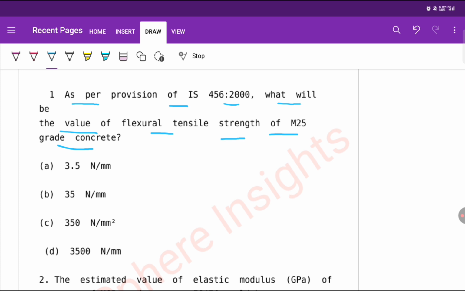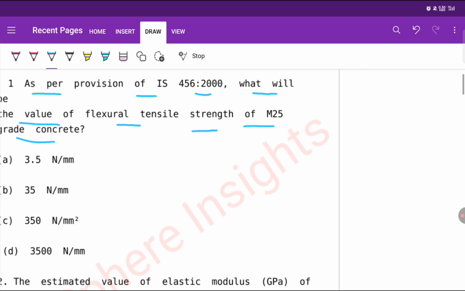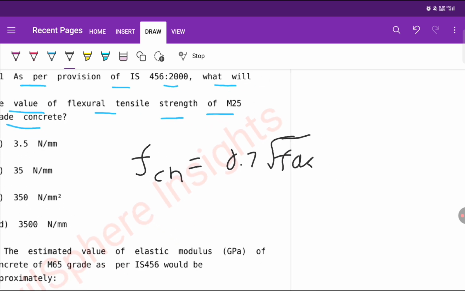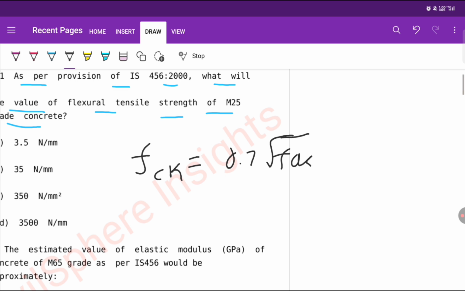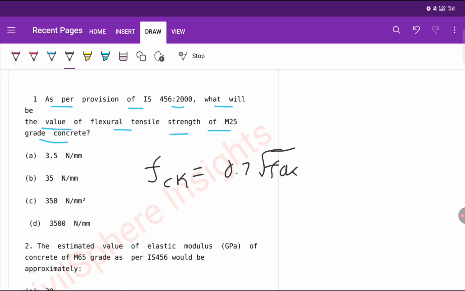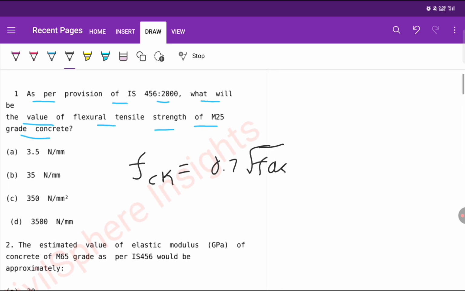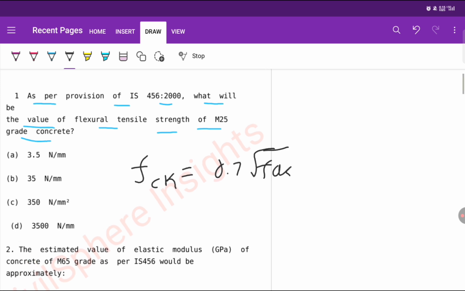So flexural tensile strength of concrete, which is denoted by fcr, is equal to 0.7 root of fck, right? This flexural strength is also named as tensile strength, which is done by the beam method. This is the tensile strength of concrete under bending.